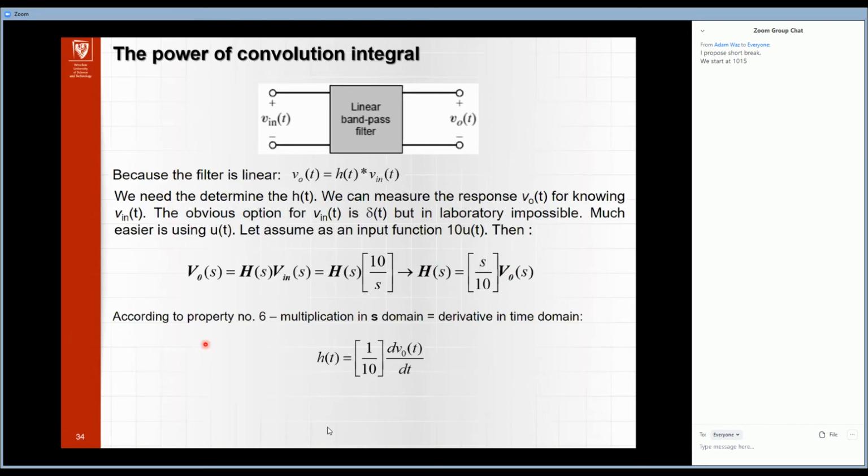According to property number 6, multiplication in the S domain is derivative in the time domain. We use this property, so we know that h(t) is just the derivative of the output voltage multiplied by this factor. So when we want to obtain h(t), we just take the derivative of the filter response to the step input.